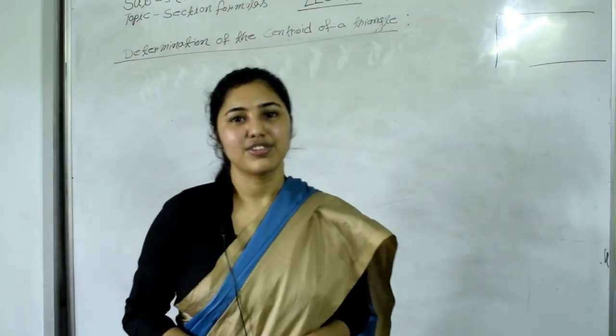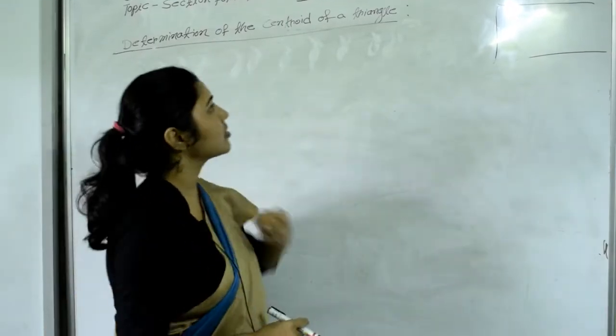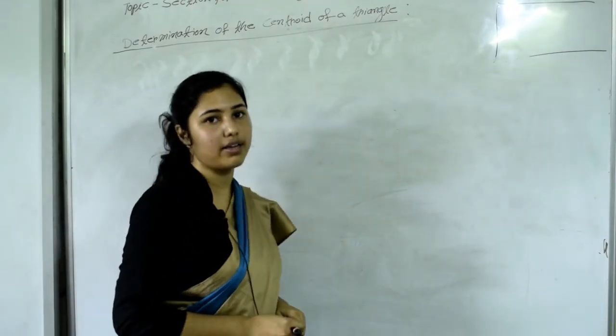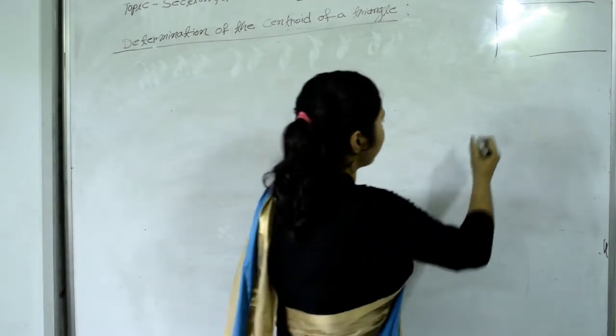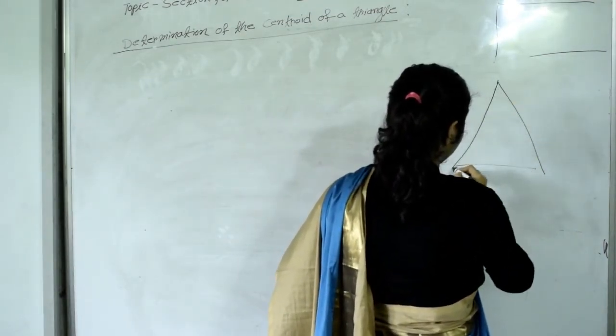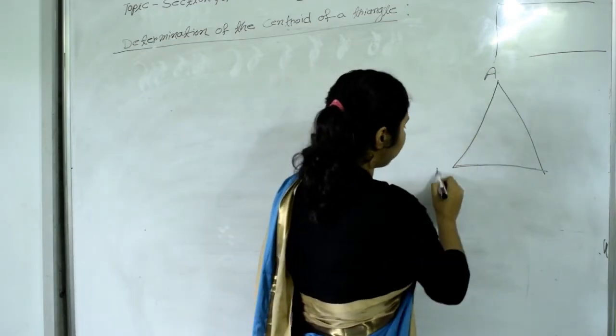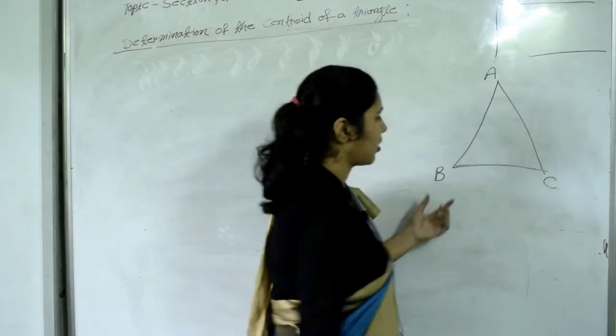Okay? So now we will study the determination of the centroid of a triangle. Now tell me, what is the centroid of any triangle? Now suppose draw a triangle ABC.